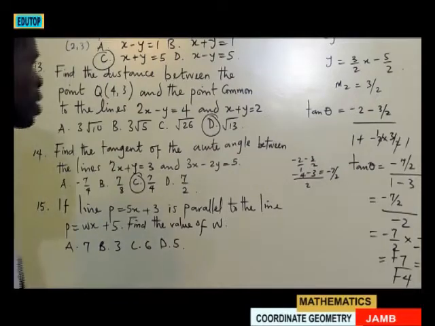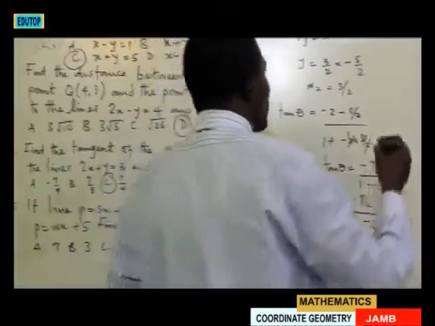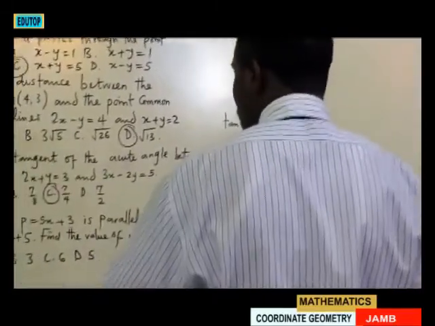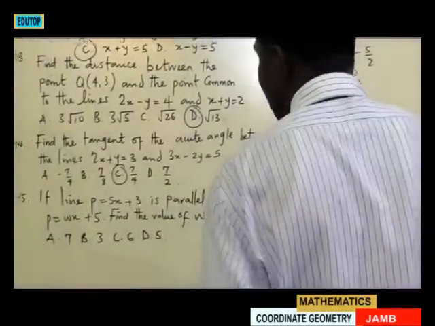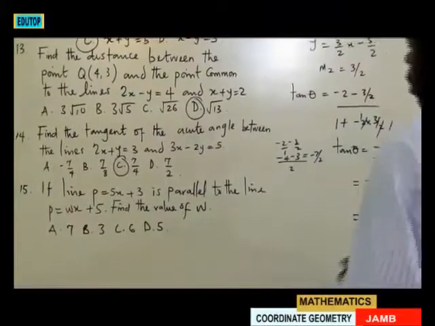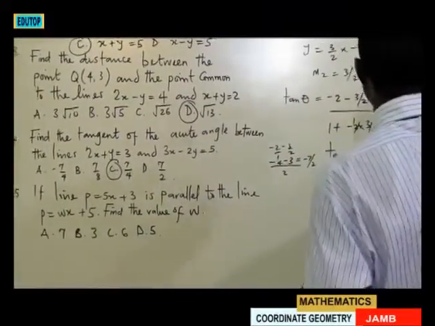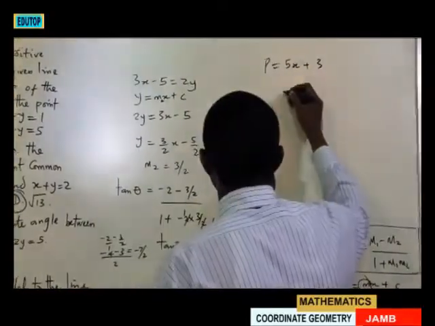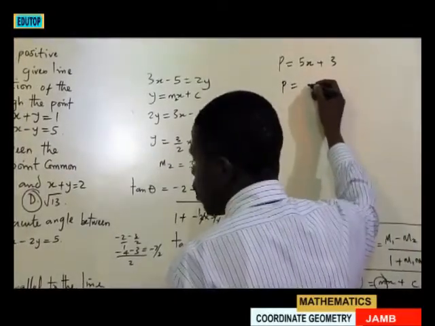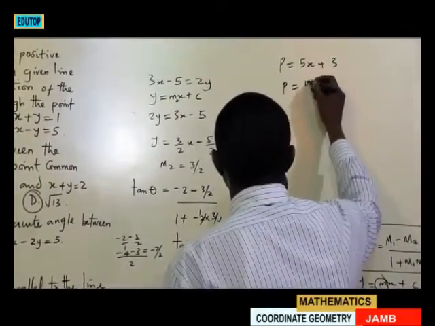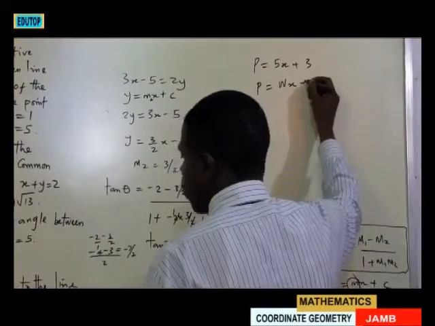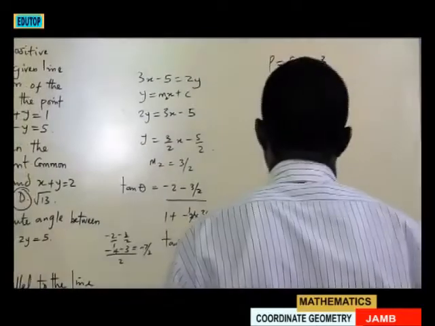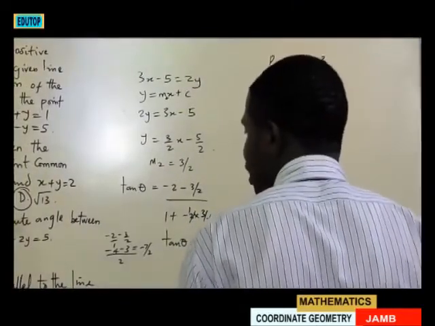In this situation, when two lines are parallel, looking at this particular question, we don't really need any rigorous calculation because we've been given the first line to be y equals 5x plus 3. Then we give the second one to be equal to wx plus 5.